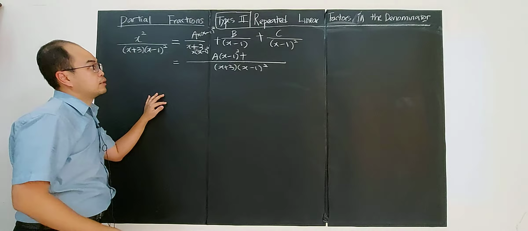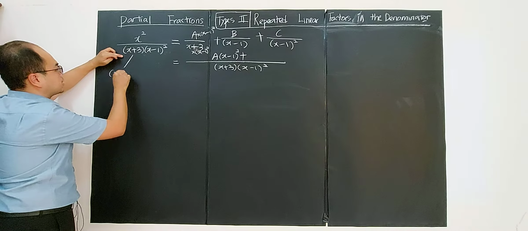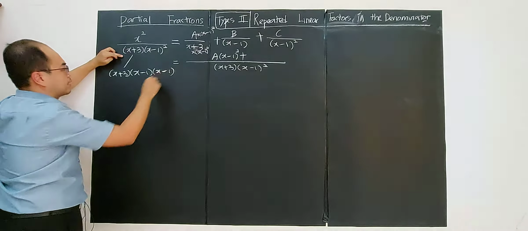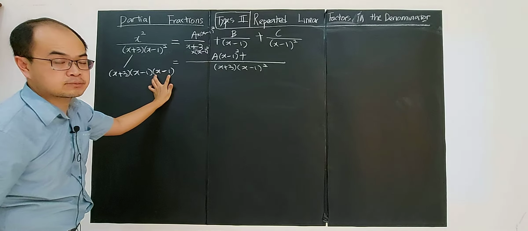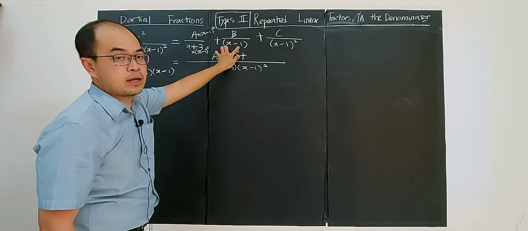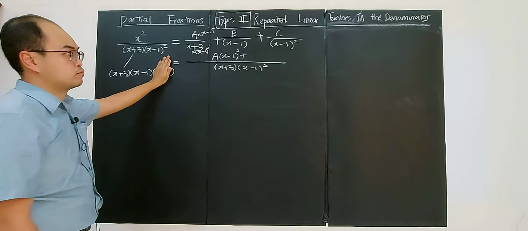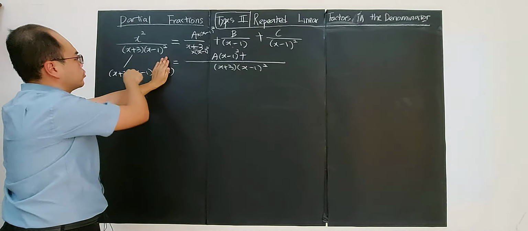Let's look at B. If you write it out, it will be x plus 3, x minus 1, x minus 1, because x minus 1 squared is x minus 1 multiplied by x minus 1. You already have one linear factor x minus 1. So in order to get the square here, you need these two.